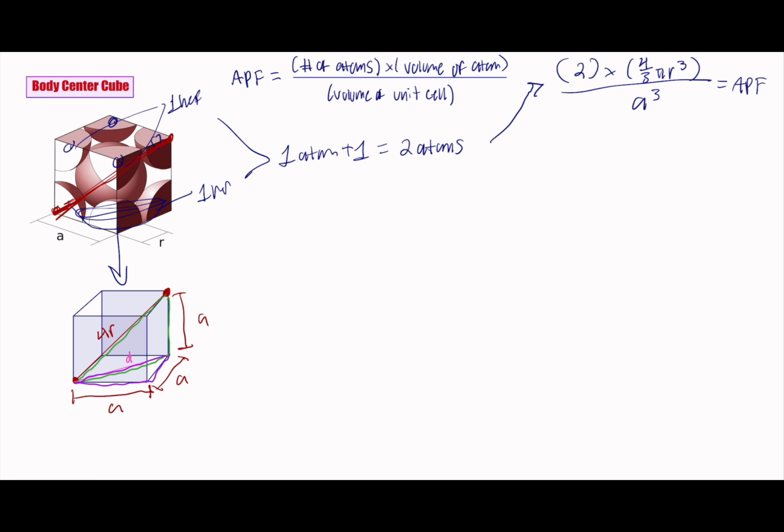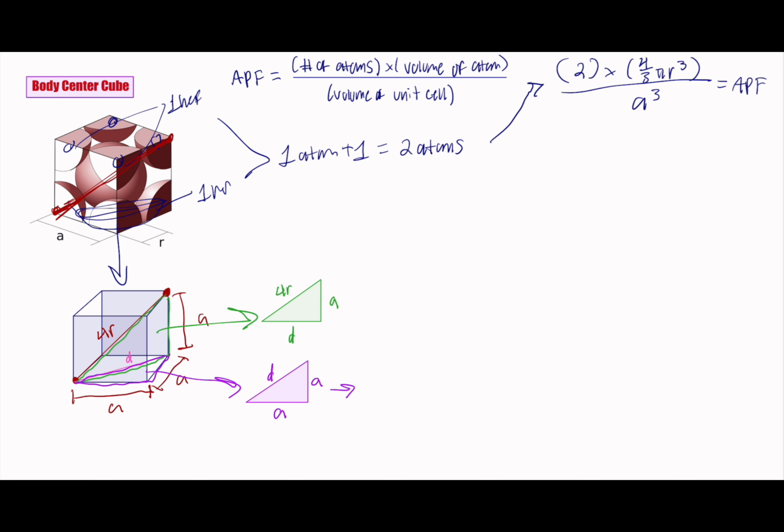So for the green triangle, if we draw it out, this would be 4R, this will be A, and this will be D. For the purple triangle, if we draw this one out, this will be A, this will be A, and this will be D.